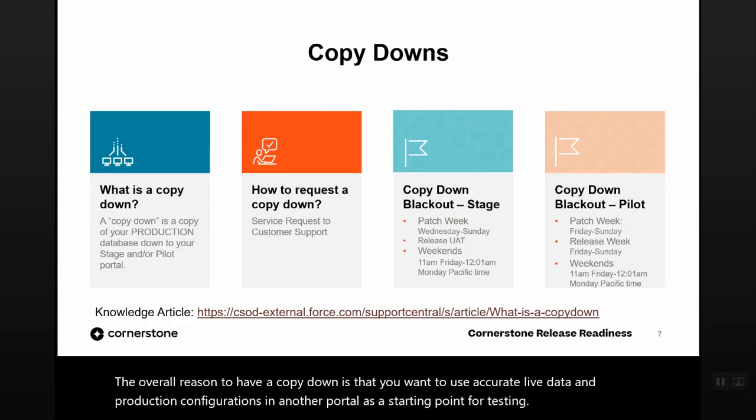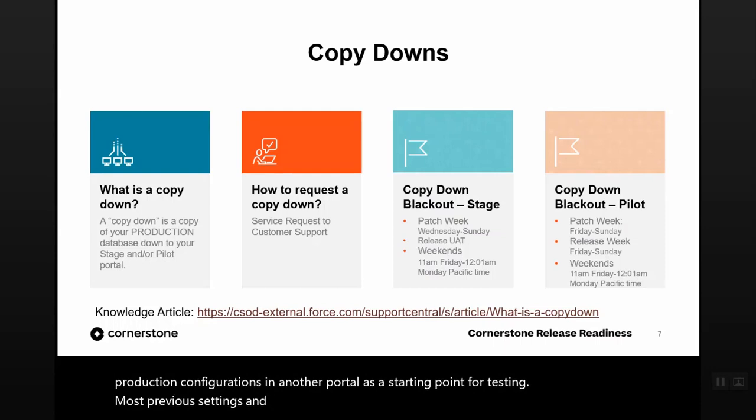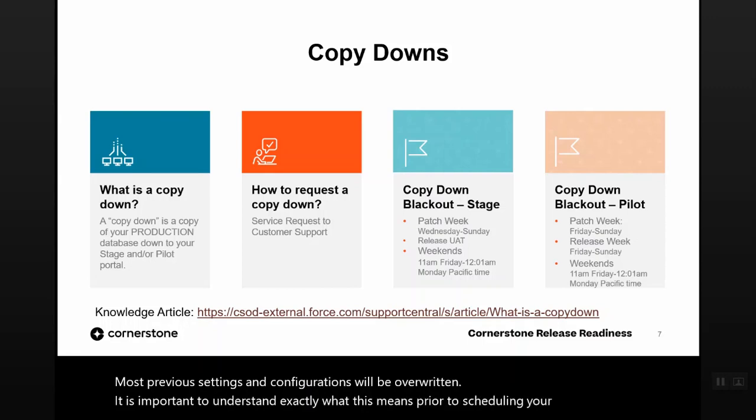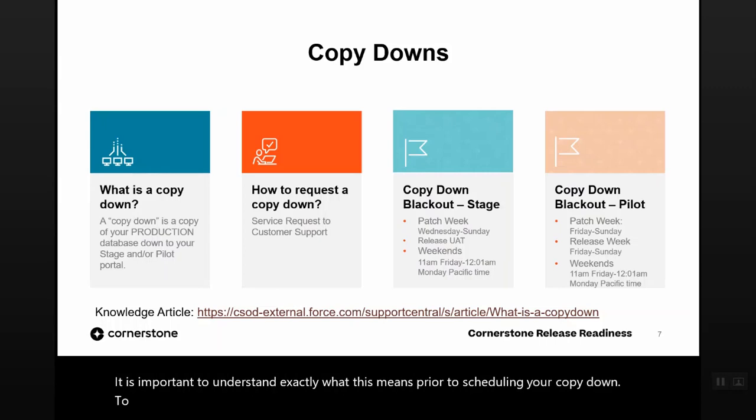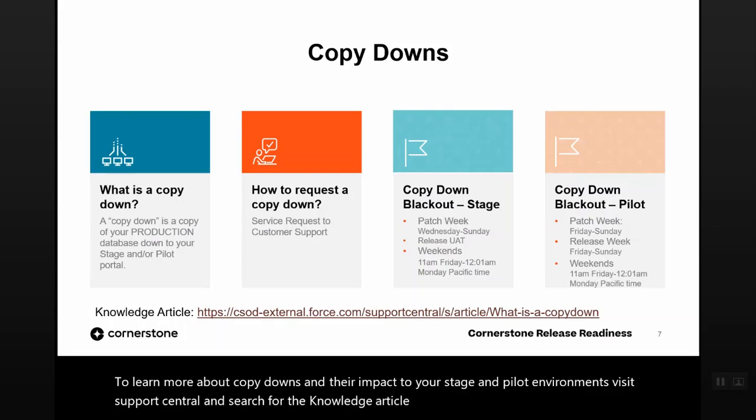Most previous settings and configurations will be overwritten. It is important to understand exactly what this means prior to scheduling your copy down. To learn more about copy downs and their impact to your Stage and Pilot environments, visit Support Central and search for the knowledge article titled, "What is a Copy Down?"